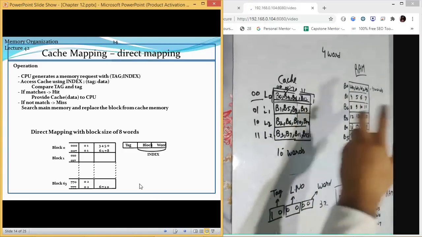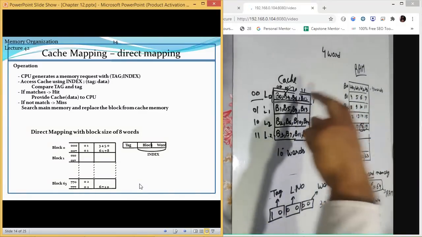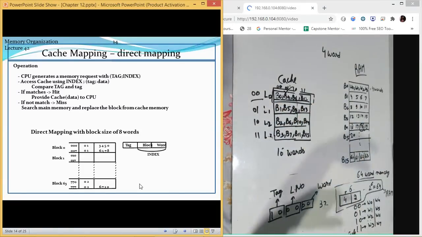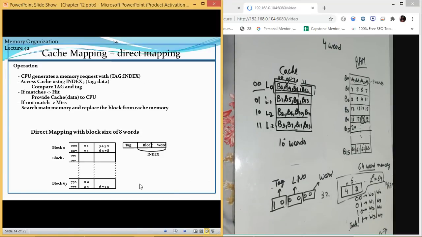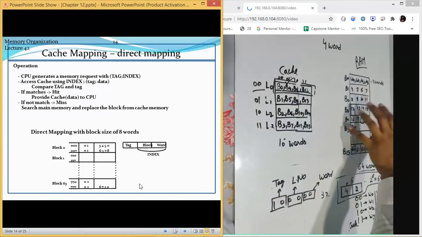If it is a cache miss, then we will pick it from RAM. If it is present inside the RAM, put it inside the cache. When we are doing this, these are known as page replacement algorithms. We will use those algorithms, but in this class we are not studying that. We are only studying how we are reading cache and RAM.